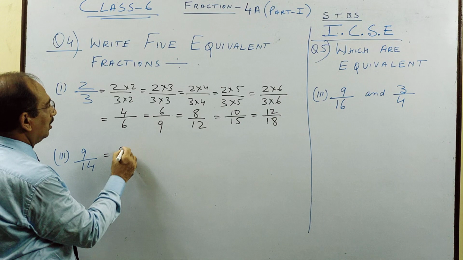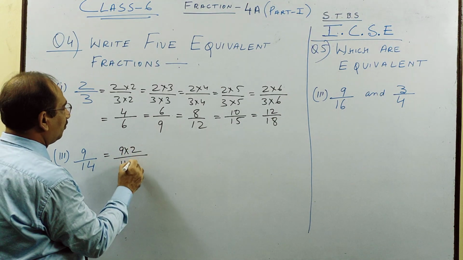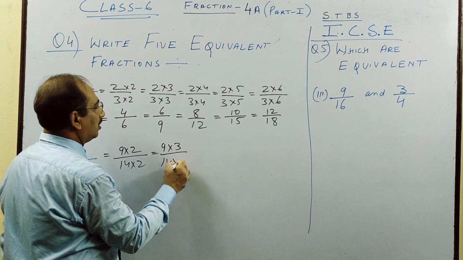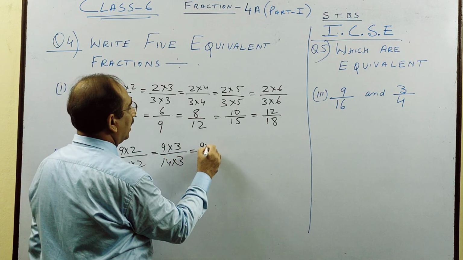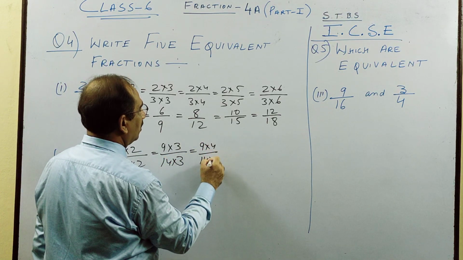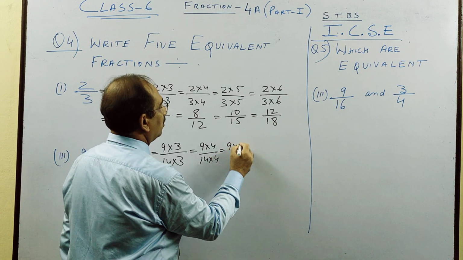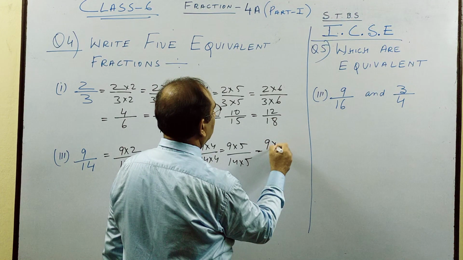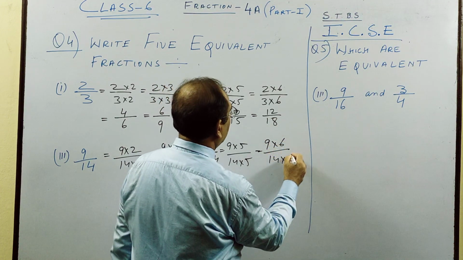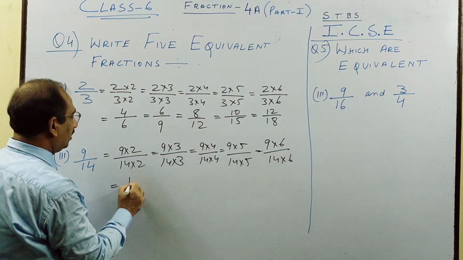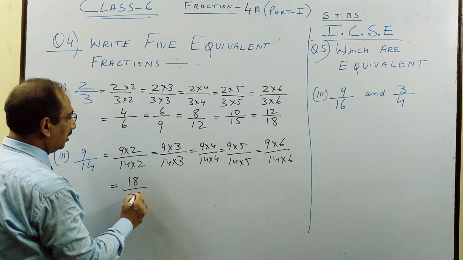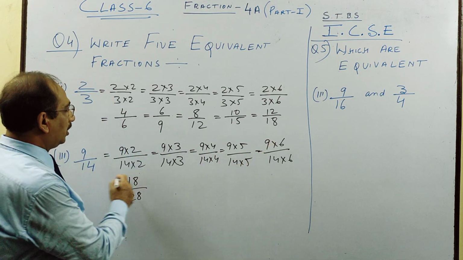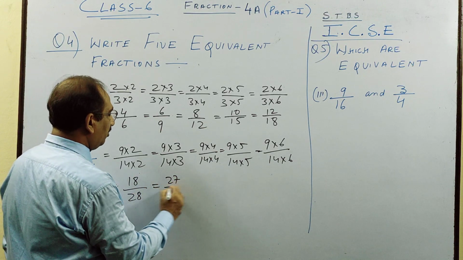Same way here, 9 into 2, 14 into 2. 9 into 3, 14 into 3. 9 into 4, 14 into 4. 9 into 5, 14 into 5. And the last one, if you do, how much do you get? 18 by 28. Above, children, table of 9 will go, and below table of 14 will go.